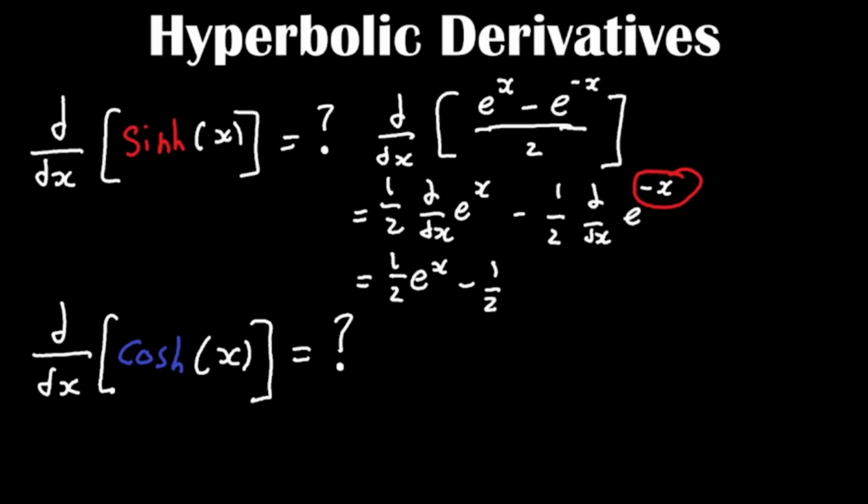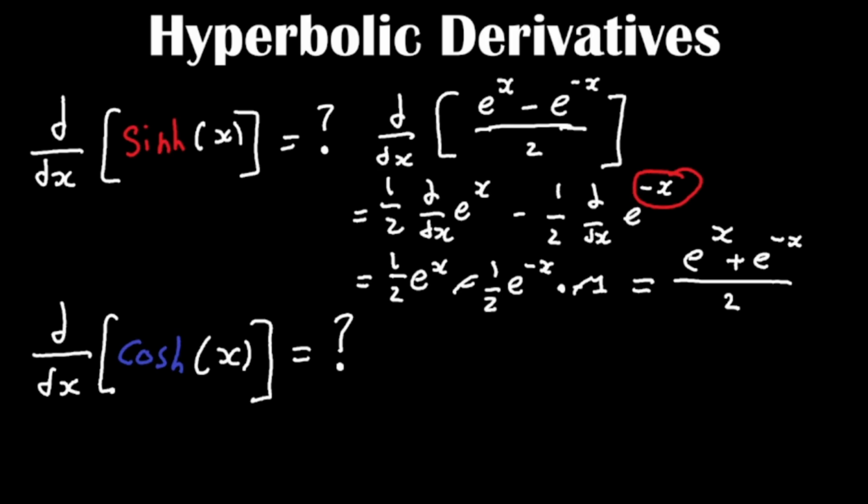Instead of having e to the x here, we're actually going to have e to the negative x, because that's our inside function. And according to the chain rule, we need to multiply by the derivative of the inside on the outside. So the derivative of negative x is -1. So these negatives will cancel. And then we can write this as e to the x plus e to the negative x over 2.